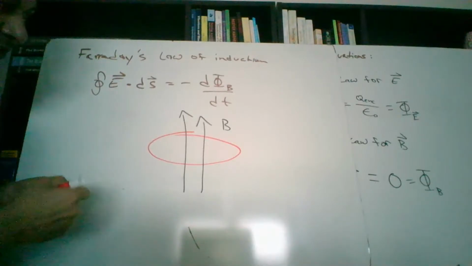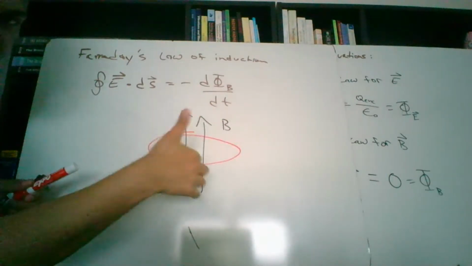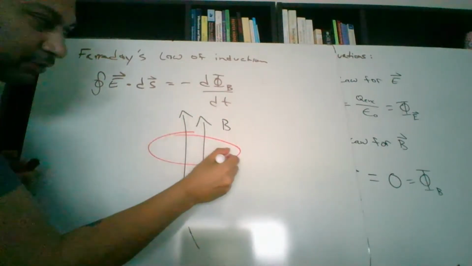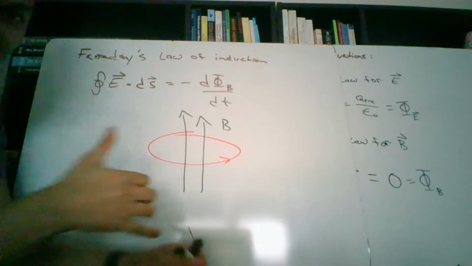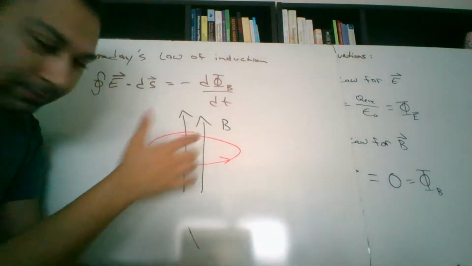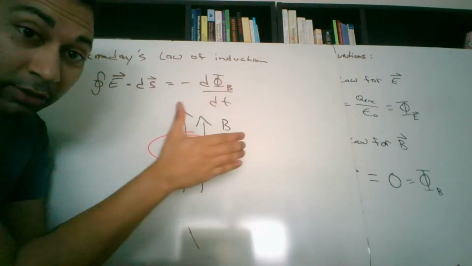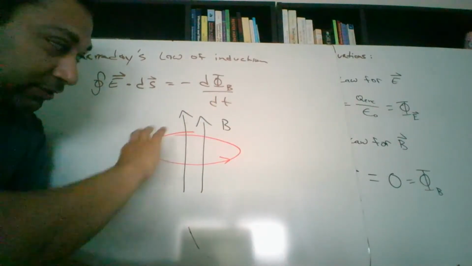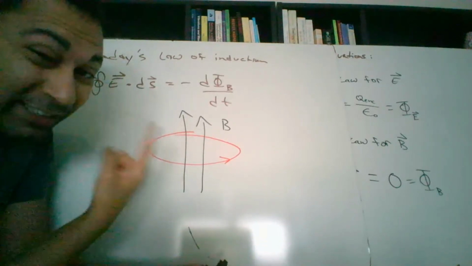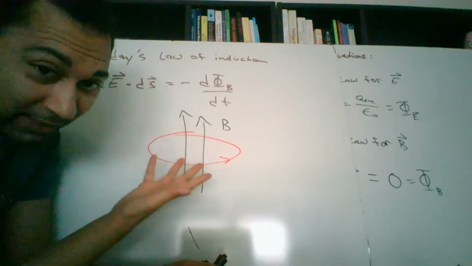And the current will move according to the right-hand rule. Look at my fingers: they're curling, and they tell me the direction of the current.